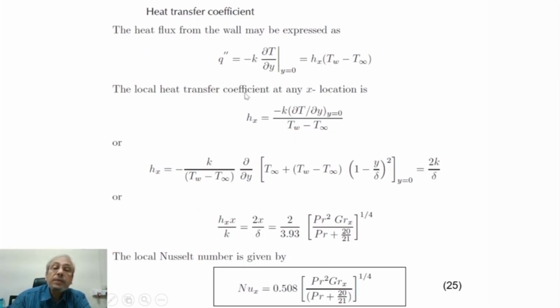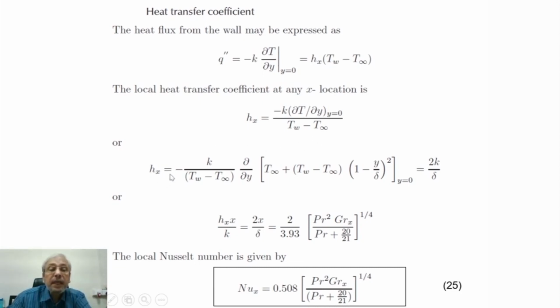The local heat transfer coefficient at any x location, we have already explained, will be h_x equal to minus k dT/dy at y equal to 0 divided by (T_w minus T infinity).